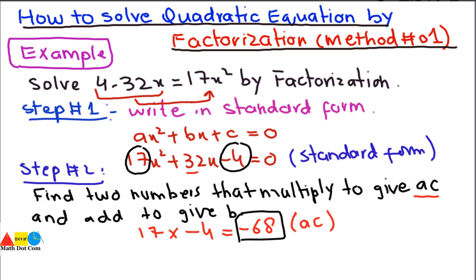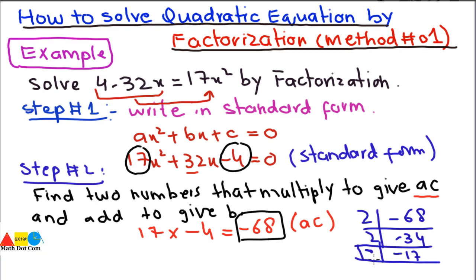Let's find its factors: it could be 2 into minus 34, and 4 into minus 17, and 1 into minus 68. So by using this we can make the factors.